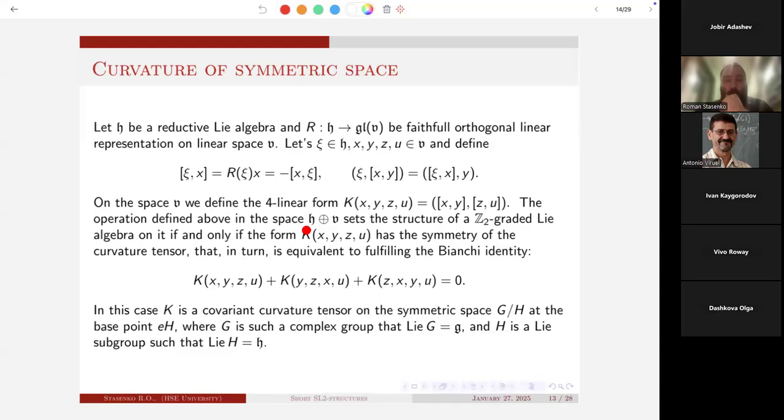If we consider a 4-linear form, which consists of the Lie brackets and the scalar multiplication, the operation as we defined above gives the structure of a Z2-graded Lie algebra if and only if this form has the symmetries of a curvature tensor, which in turn is equivalent to the fulfilling of the Bianchi identity, as you can see.